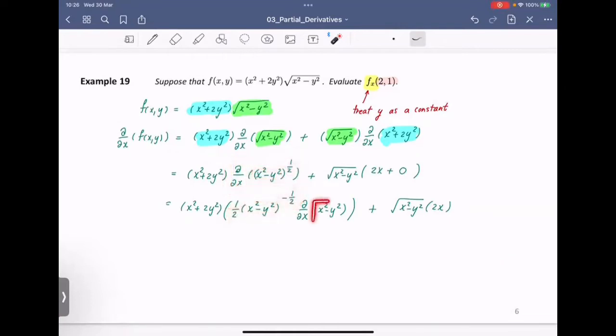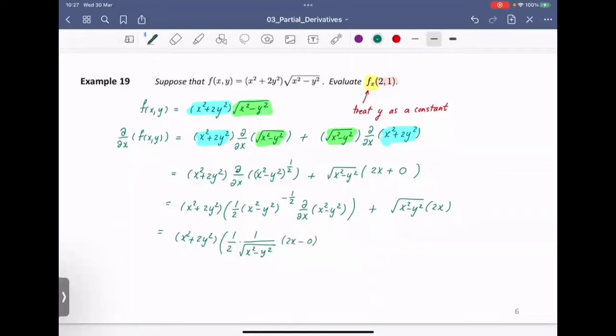And then the inner function is here. And then you simplify a little bit more. This is going to be 1 over 2, and then here 1 over square root x squared minus y squared, right? And then differentiate x squared minus y squared here. Simple. So you have 2x minus 0.